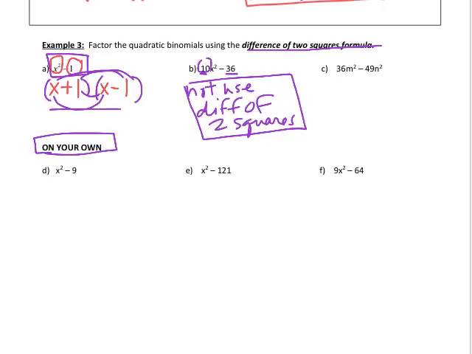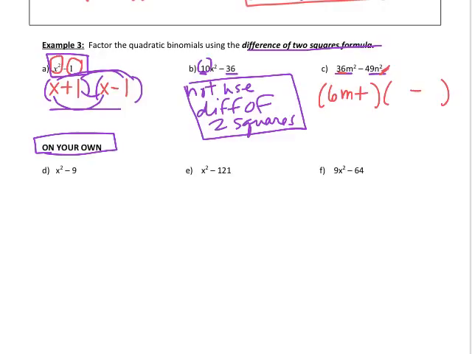All right, and then part C here says 36m squared minus 49n squared. So that means we have a little bit more to this one because we have a square of a different variable over here. So the square root of 36 is 6. The square root of m squared is m. I'm going to put a plus sign and a minus sign.